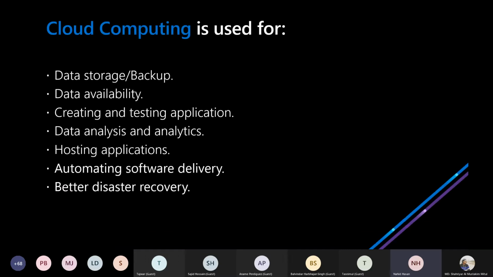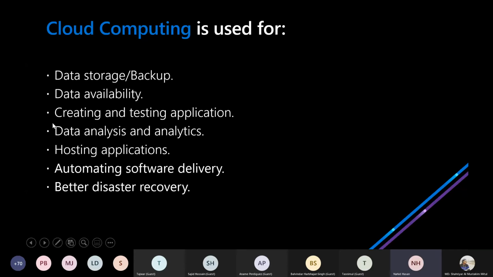All right. Now, let's talk about what cloud computing is used for. Cloud computing is used for data storage or backup. You can store data there, or you can just use the cloud storage as a backup. Then there is data availability. It means when you store data in there, you can access it anywhere in the world. It is very obvious, right? You store something in the cloud, you can access it with any device from anywhere in the world.